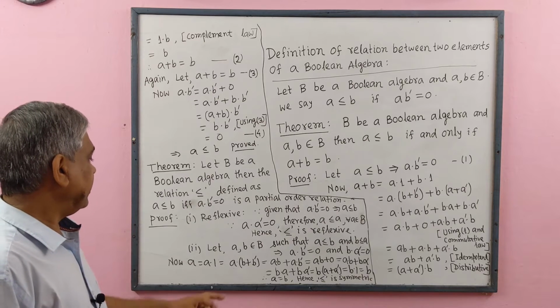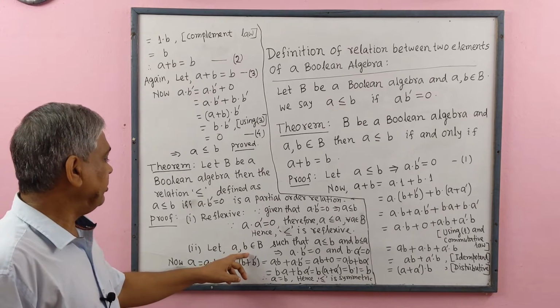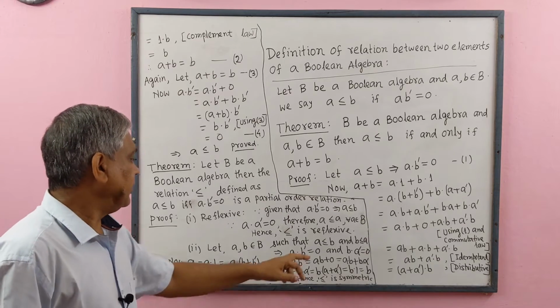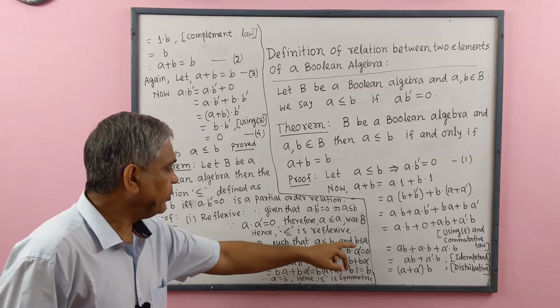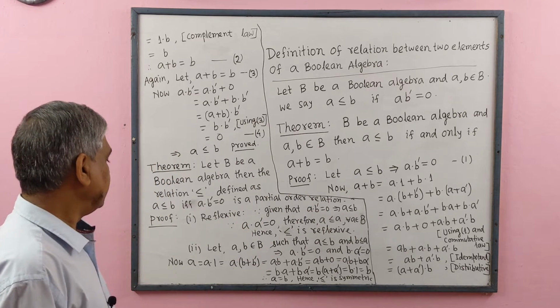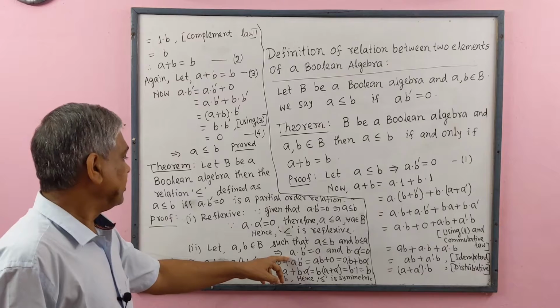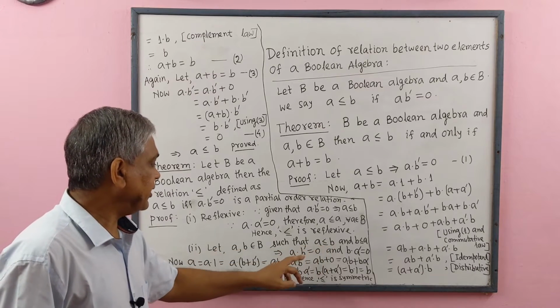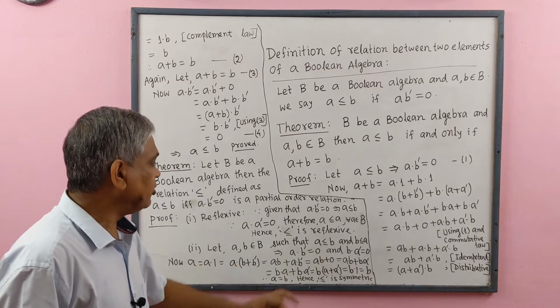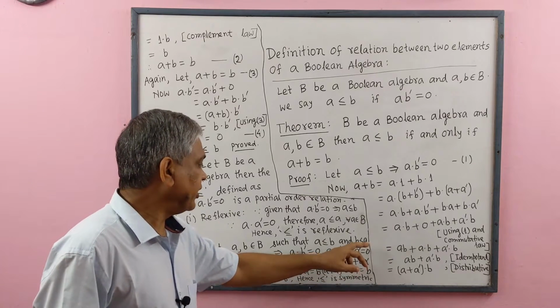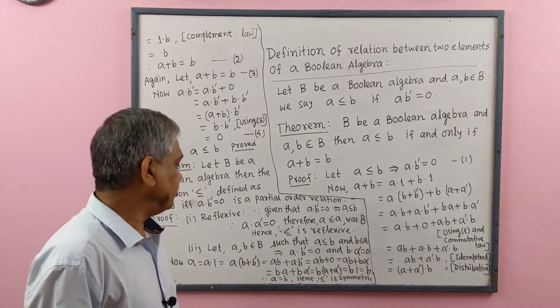Number 2, let a, b belong to B such that a is related to b and b is related to a. This implies that if a is related to b, then a dot b prime equals 0, and if b is related to a, then b dot a prime equals 0.